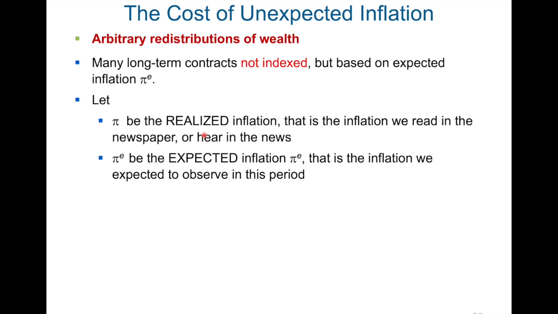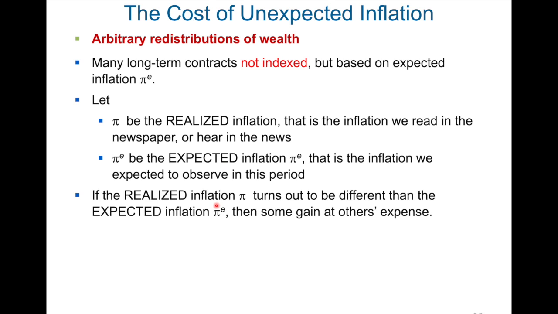When the realized inflation is different from the expected inflation, there is a reallocation of resources between the two parties in the contract. For instance, in mortgage contracts, there is a reallocation of resources from the lenders to the borrowers, or from the borrowers to the lenders.